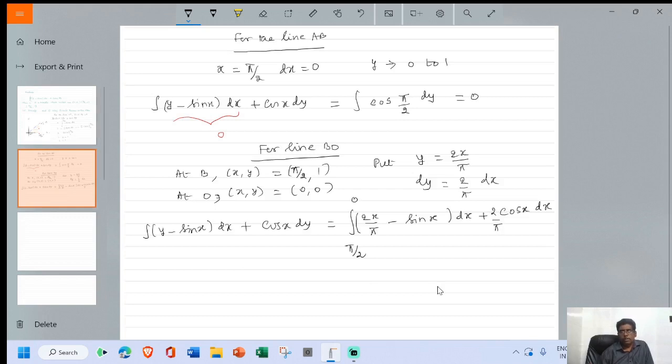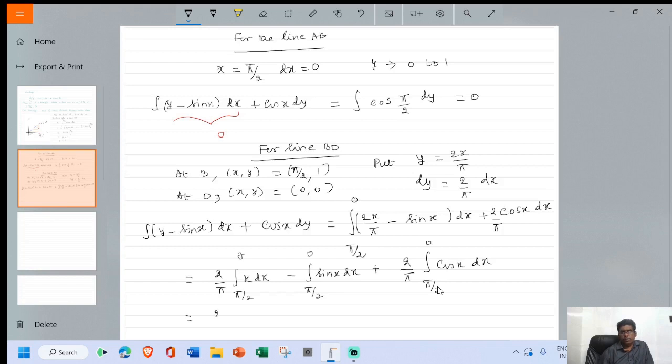Now we should simplify this. This is 2/π integral x dx, minus integral sin x dx, plus 2/π integral cos x dx, limit varying from π/2 to 0.